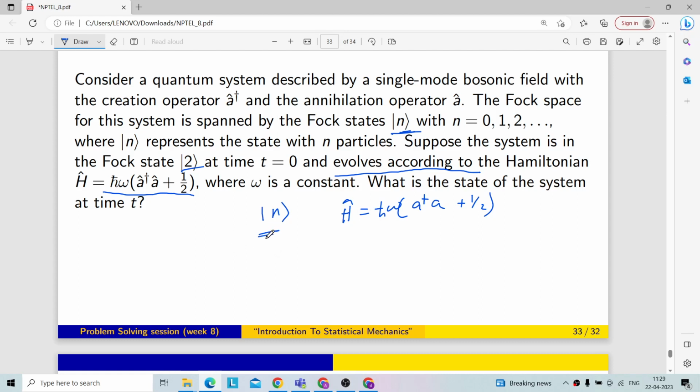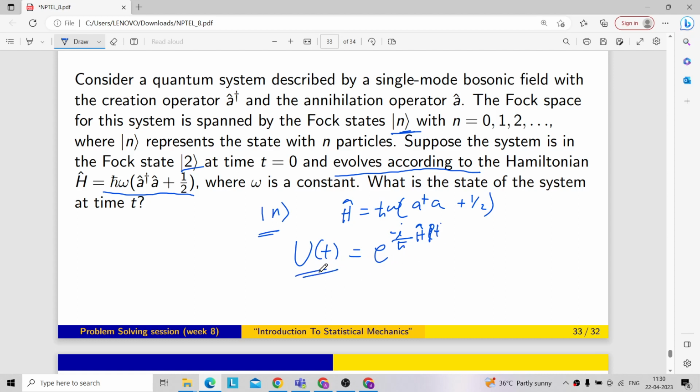So initially it was like this, so we need a unitary operator. What is the form of this unitary operator? I can write this unitary operator as U(t) equal to e to the power minus i over h cross H t, right?